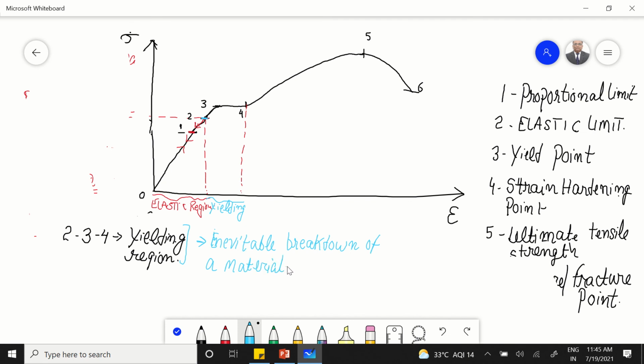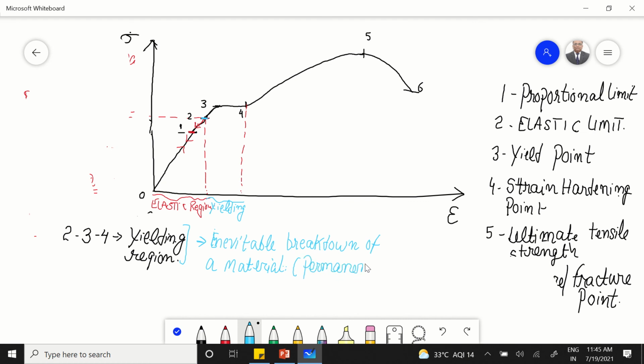Now, this inevitable breakdown of a material doesn't denote the complete failure of the material. It actually represents that the deformation produced in the specimen, once it has crossed the elastic limit and reached point number 3, is permanent.